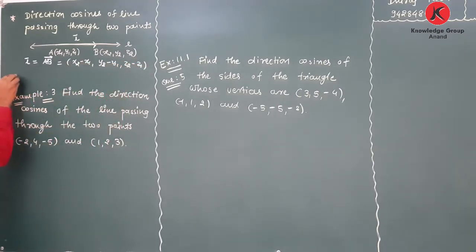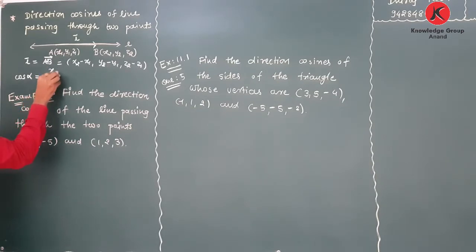Now we know the direction cosines: cos alpha equals (x2 minus x1) divided by the magnitude of vector AB. Here AB vector, or we can also write, magnitude of L bar.